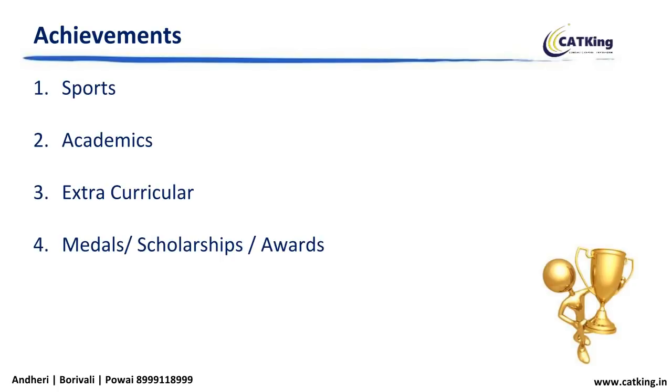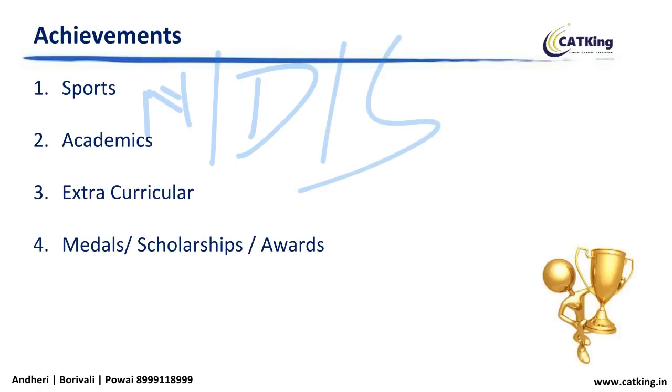All right. So the first set of questions are going to be a set of your achievements, where you have different types of achievements: sports, academics, extracurricular, any additional medals, scholarships or awards. Now what you have to write in sports is anything which is national, district, state level.